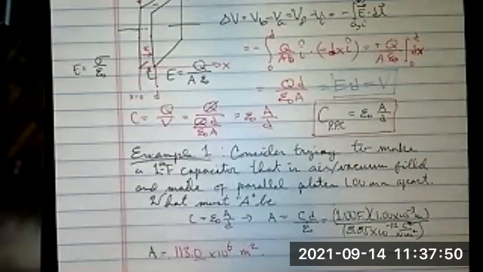Then they ask what's the charge on each plate if a 12-volt battery is across it. Then they ask what is the electric field between the plates, and D, they estimate the area of the plates needed to achieve a capacitance of 1 farad. So they did something similar to what I was doing, only they followed a bunch of other stuff.